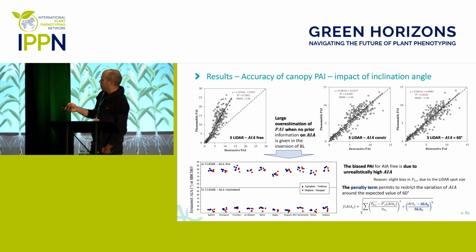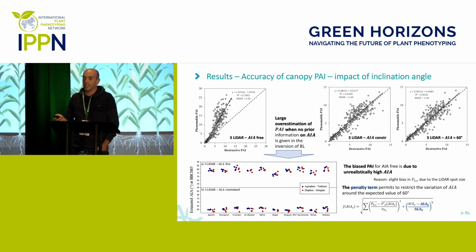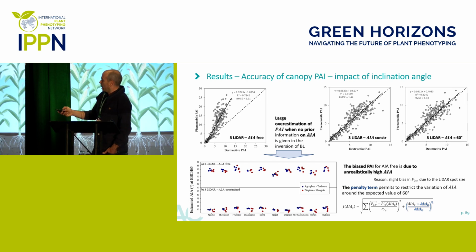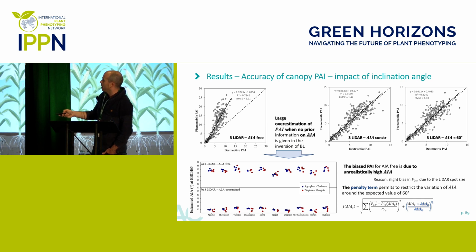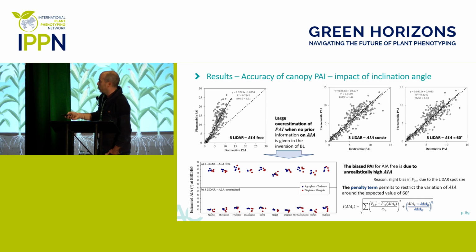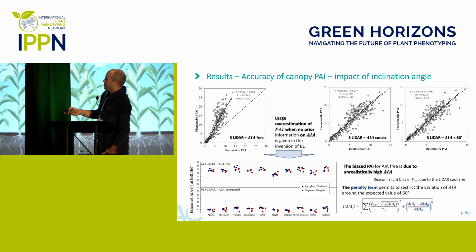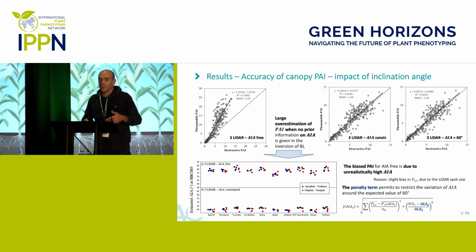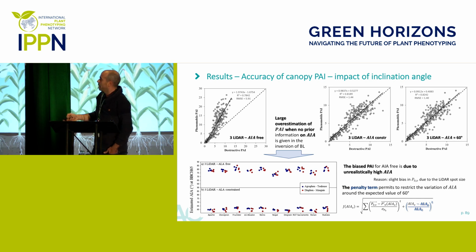Why do we have this massive overestimation when we leave the inclination angle free? Well, these are the estimations of the average leaf angle with this configuration and the hypothesis of ALA free for every genotype in the 2 sites. And this is when we constrain the average inclination angle with a penalty factor. What we see is that in this case, we have the bias in the ALA.